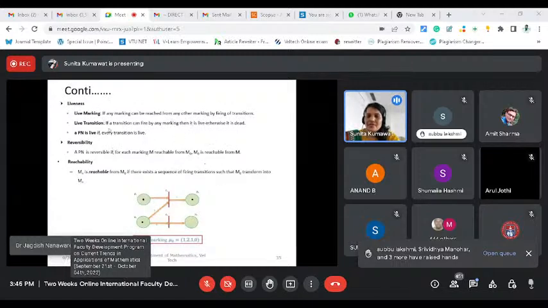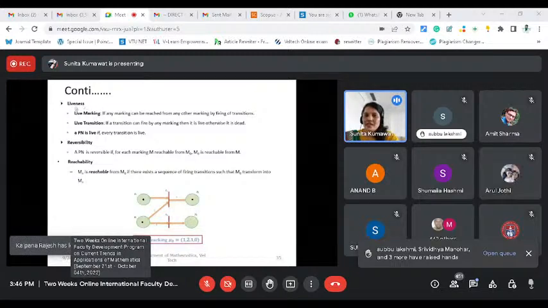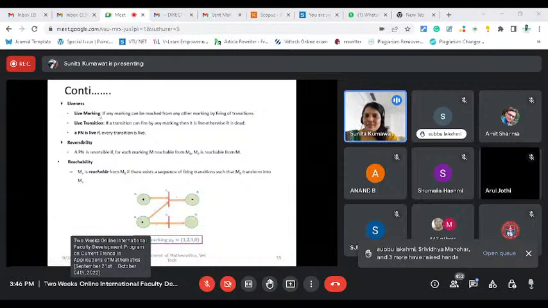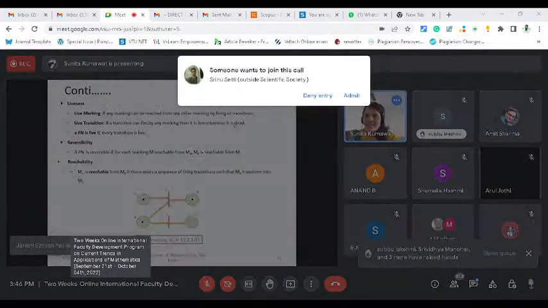There are many behavioral properties. The first one is liveness. In liveness we use the live marking and the live transition. So what is the liveness property? First we define the live marking. Any marking can be reached from any other marking by firing of transitions, and in that case it is called a live marking.